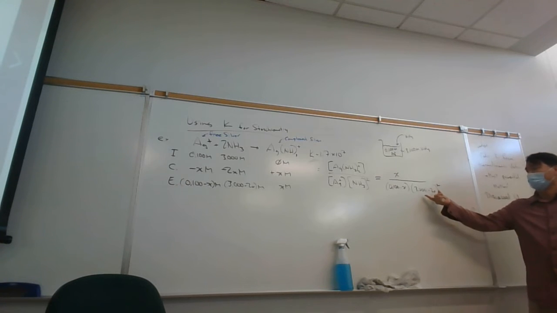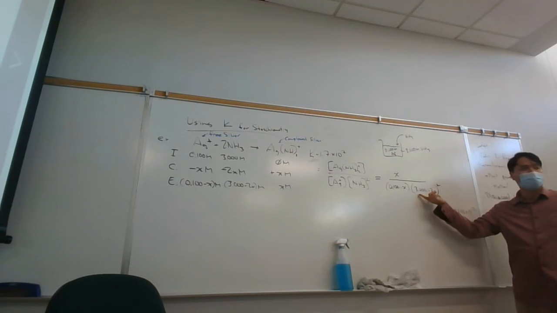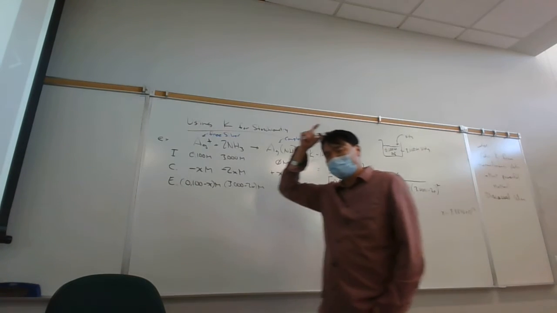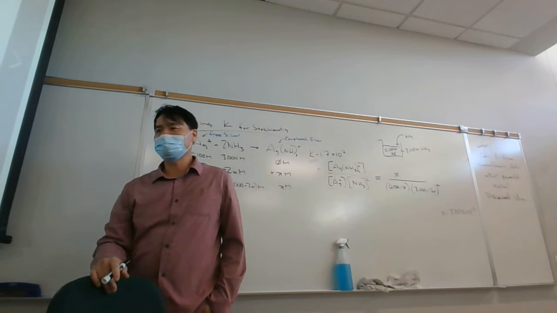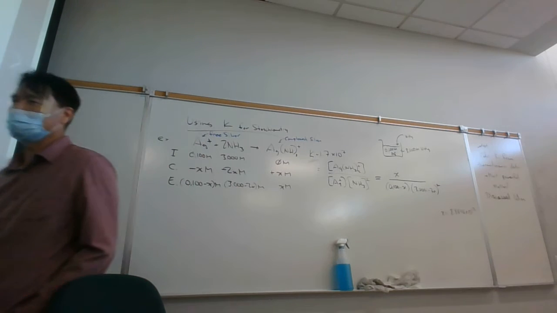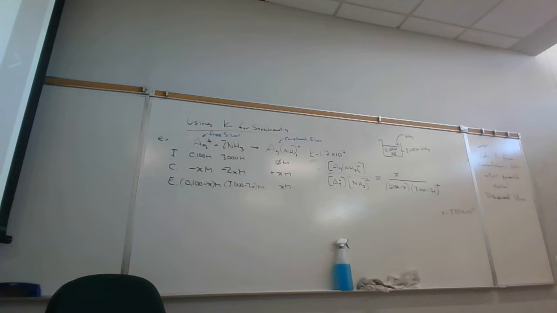One thing is, the algebra is pretty hard, right? And this is not a class for algebra, this is a class for chemistry. So what should we do in a situation like this? One thing we can do is use a calculator, though you're limited in what types of calculators you can use for this class.